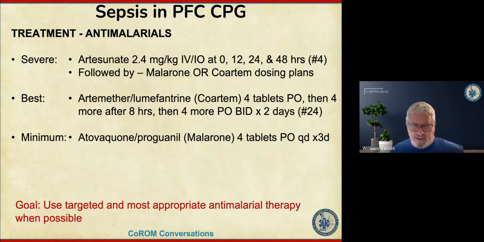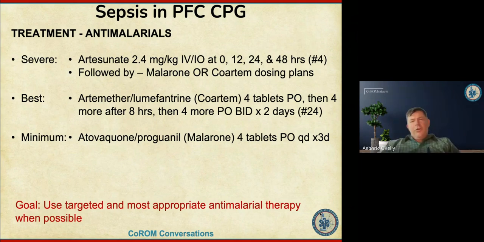Actually, no, when they got to Italy, they were given IV artesunate because it was the only thing that was going to touch it. And he was touch and go for a while, and then he turned around. But definitely IV artesunate is controlled. So just know that you need to find a location. If somebody still has malaria because they were taking Malarone and Coartem, the next thing up is going to be artesunate. You need to know where that is to get your patient to it.